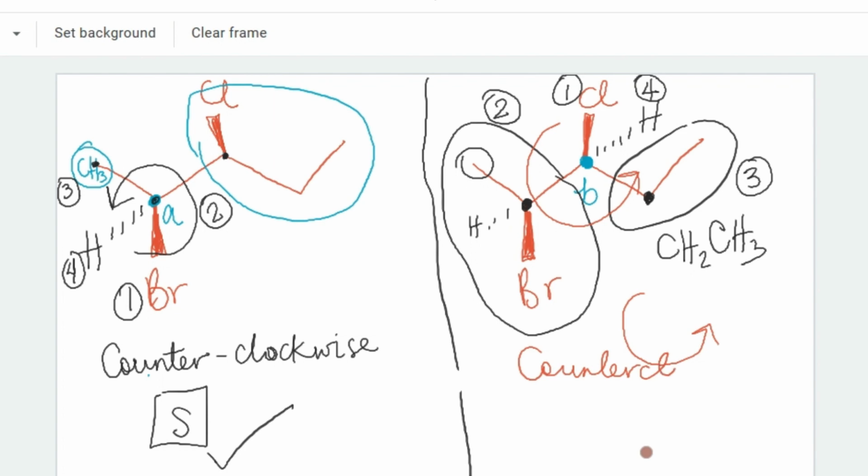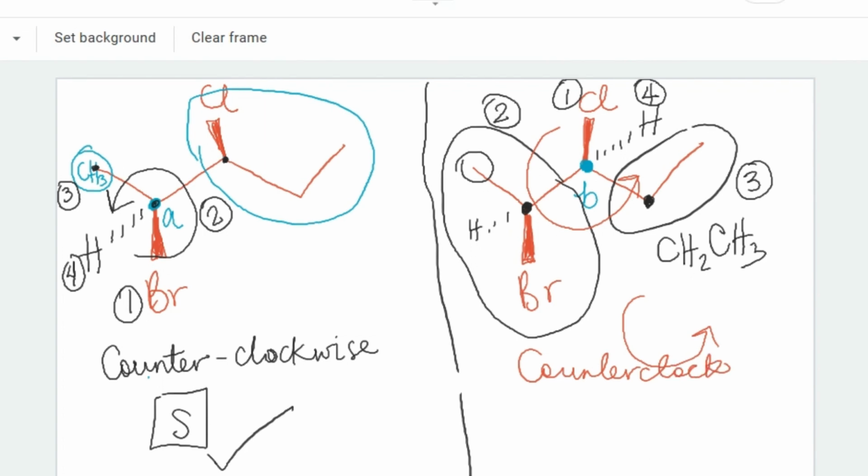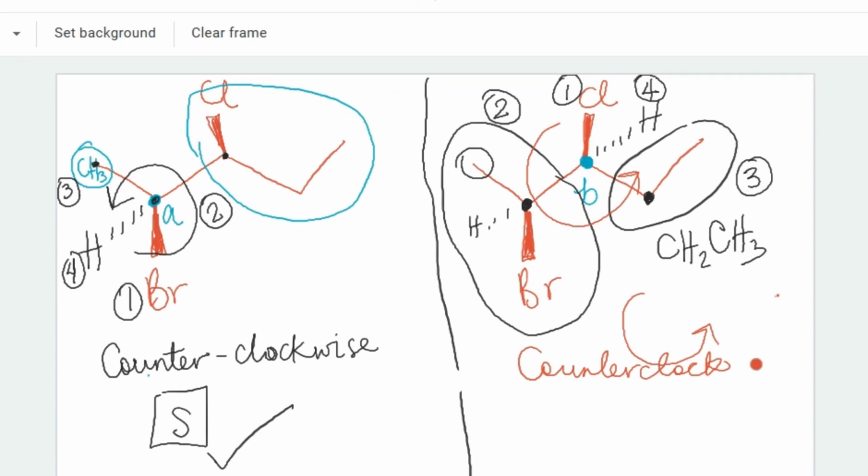But before we can agree as to whether this is counterclockwise or not, we have to check the configuration of the fourth priority, which is hydrogen, and hydrogen is dashed.